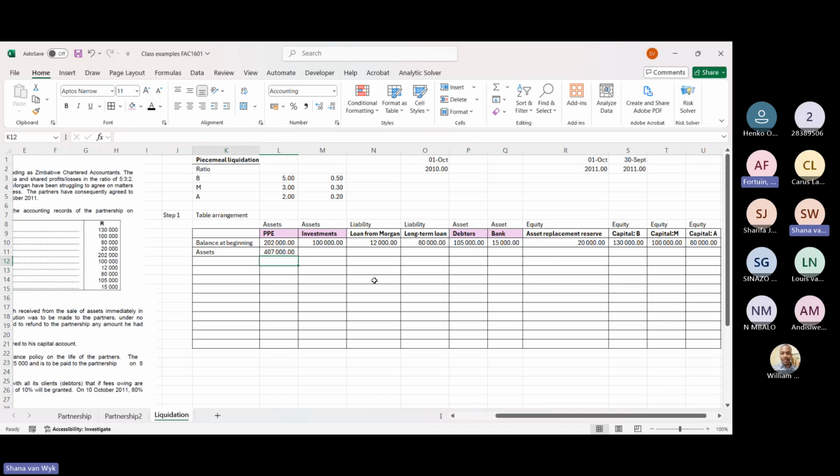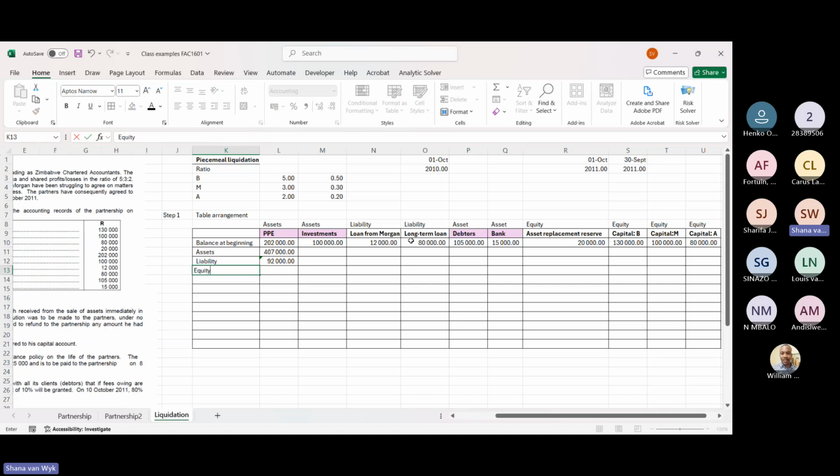So then you have assets, one column bank, which is your bank. Then you have your liabilities, and then you put the capital accounts of the partners there. Then it makes more sense. And then you continue.